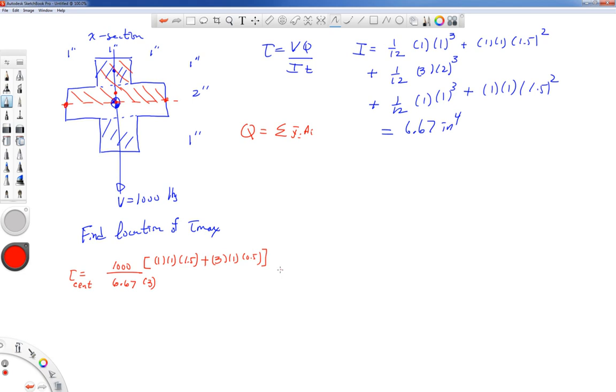All right, let's see what kind of number we get for that. Okay, in this case I get 149.9 psi, effectively 150.